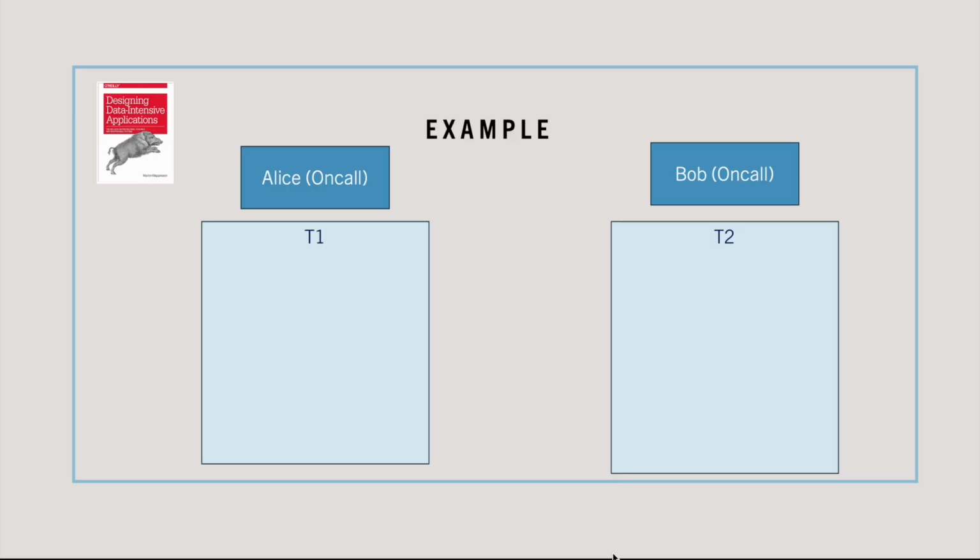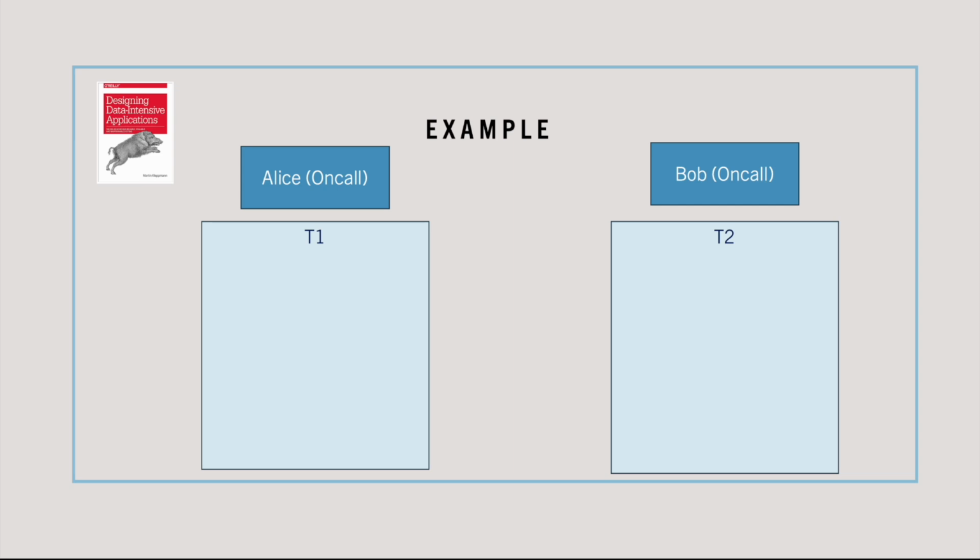Let me quote an example from the Designing Data-Intensive Applications book. Imagine we design an on-call system for a hospital. We need to make sure at least one doctor is on call. Alice and Bob are on call, but they both are not feeling well and want to log off. They click the button at the same time.